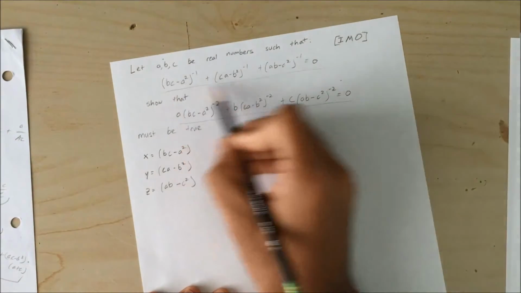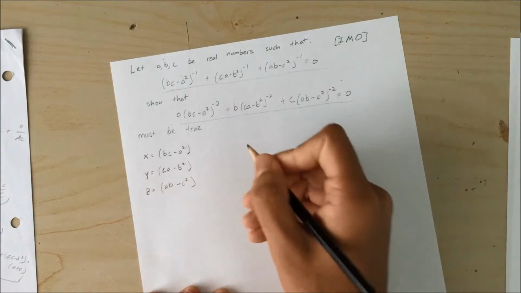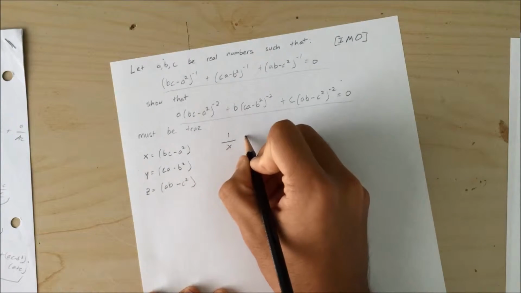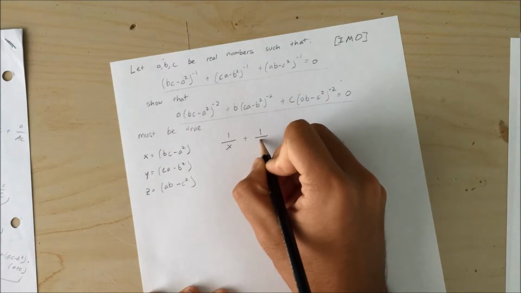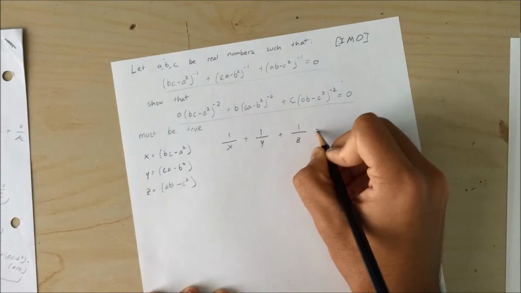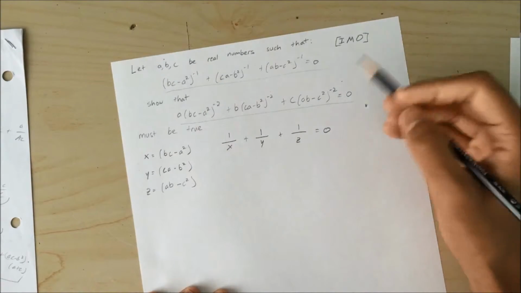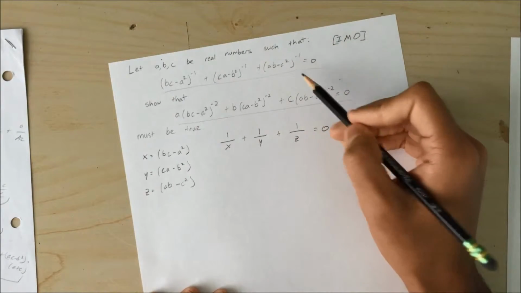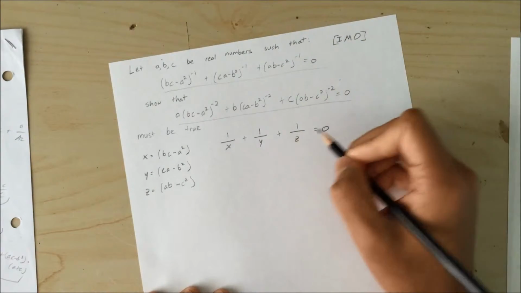At this point, we can rewrite the given with these new substitutions as 1 over x plus 1 over y plus 1 over z is equal to 0. We can say this simply because of the substitution, and we know that anything to the power of -1 is simply equal to 1 divided by that quantity.